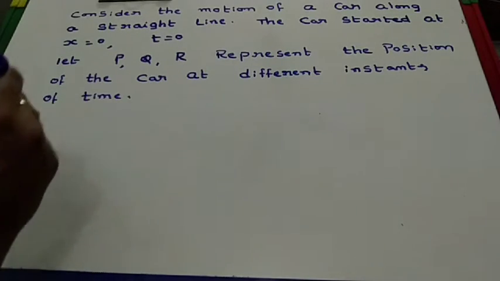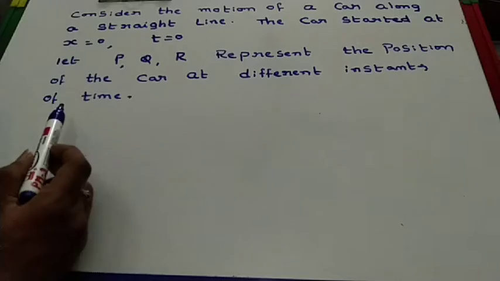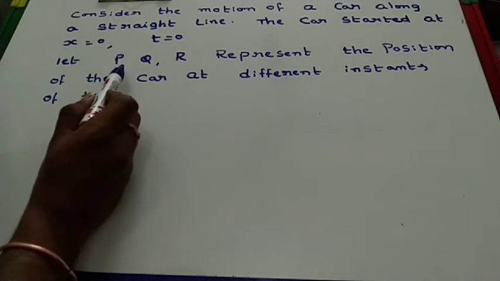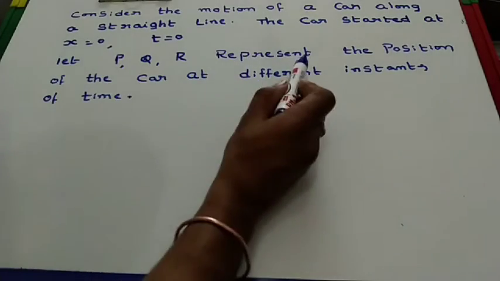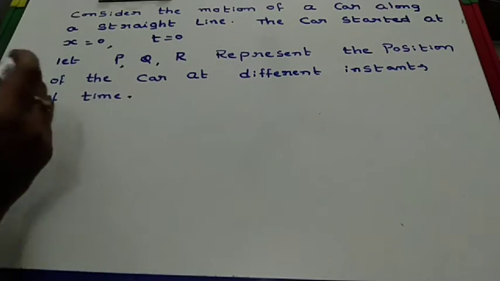Now here we are going to discuss case-wise. Once again I am repeating this point. Let P, Q, R represent the position of the car at different instants of time.